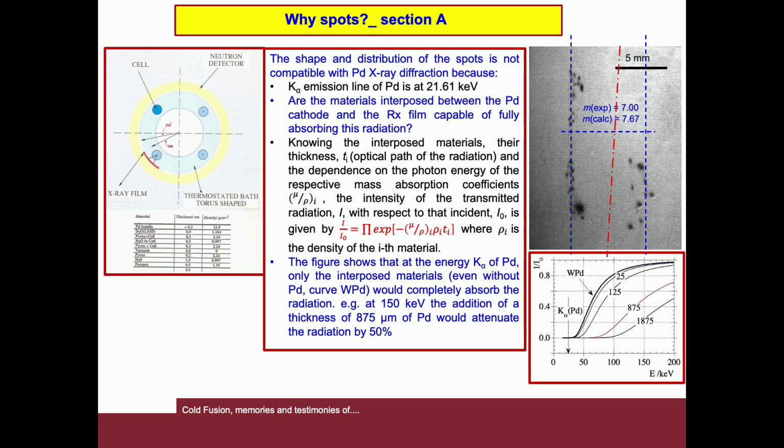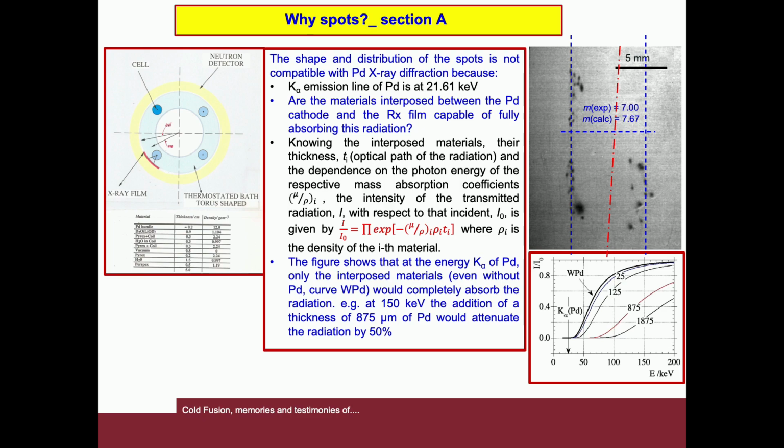It's necessary to know the dependence of the respective mass absorption coefficients on photon energy. The intensity of the transmitted radiation I, with respect to the incident I0, is given by this relation written in red, where ρi is the density of the ith material.